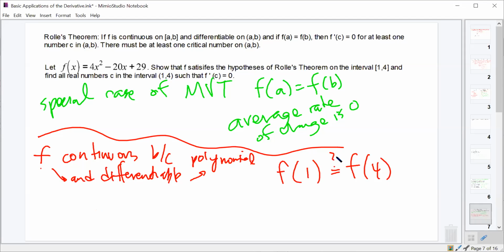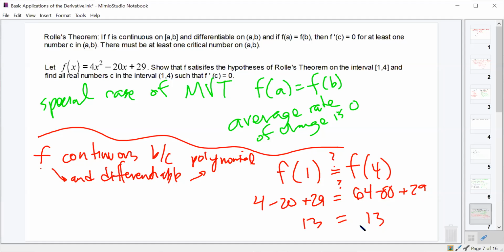We need to see if f of 1 is equal to f of 4. So what's f of 1? F of 1 is 4 minus 20 plus 29. And what's f of 4? F of 4 should be what, 64 minus 80 plus 29. And it looks like both of those equal 13.